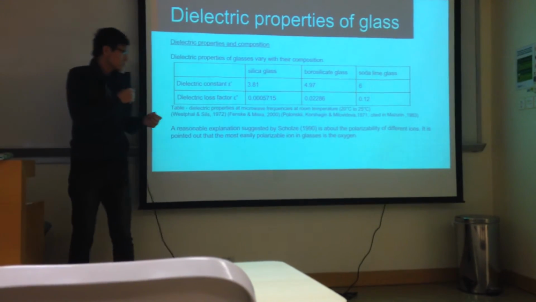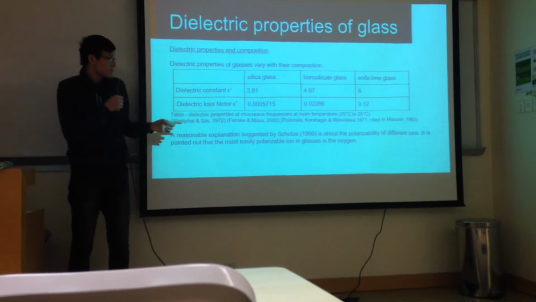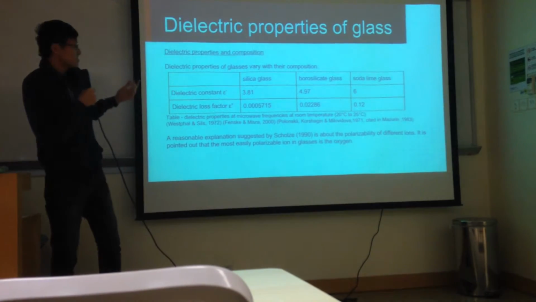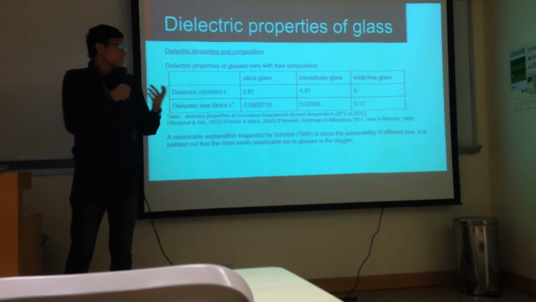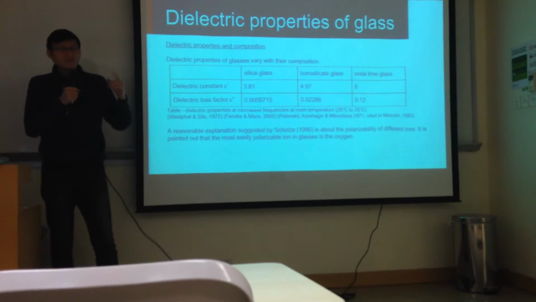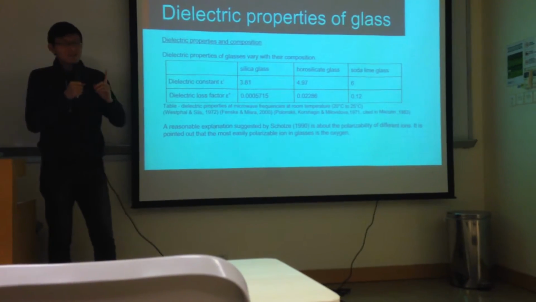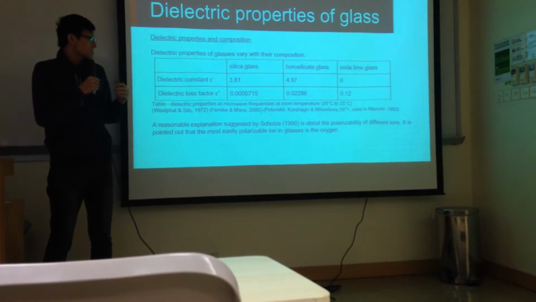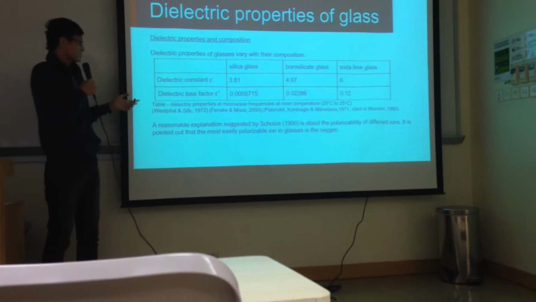So we have also gathered data from several reports, and we find that the dielectric properties of glasses vary significantly with their composition, and the results are shown in this table.